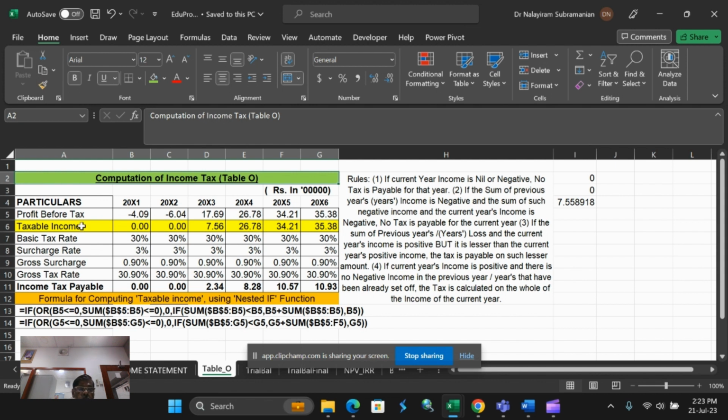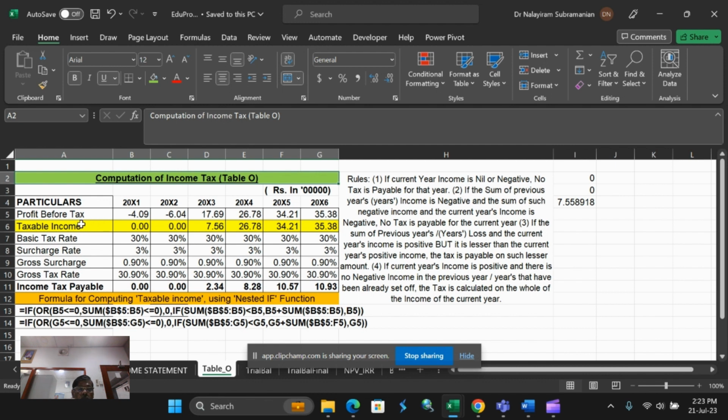However, I need to mention that taxable income for a particular year need not necessarily be the profit before tax that is computed, because the profit before tax is subjected to many adjustments on account of reliefs, rebates, add backs, etc. On that basis, after making all such adjustments, the taxable income is computed.